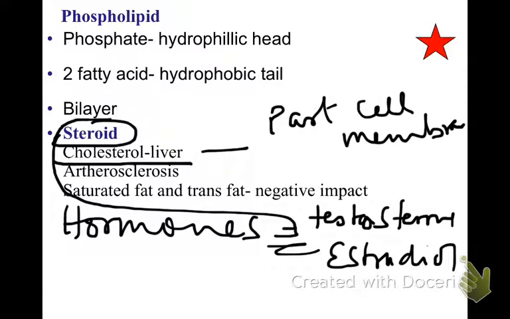Now, too much cholesterol can cause a problem wherein it is not broken down and it stays, blocking the smaller capillaries of arteries, and it can have a negative impact, giving rise to cardiac problems.